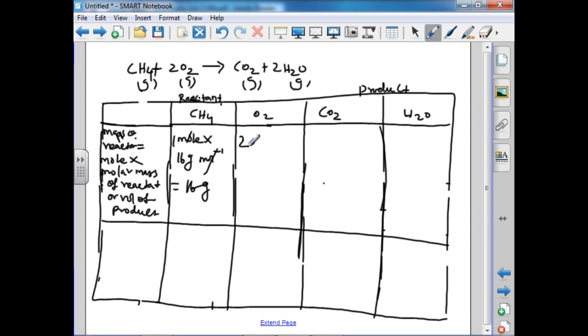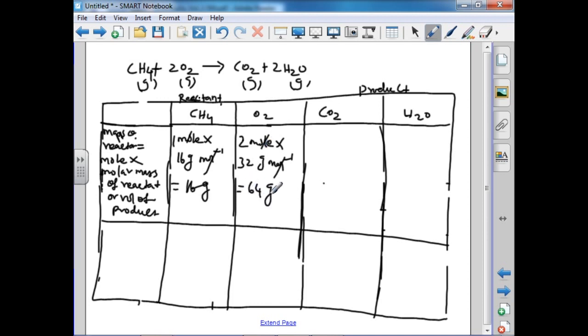Number of moles of oxygen 2 mole multiple with 32 gram mole inverse, so 64 gram.